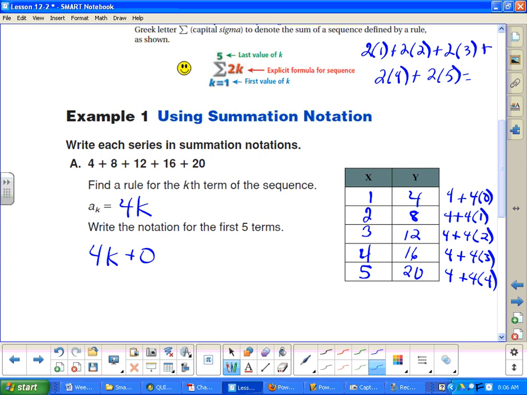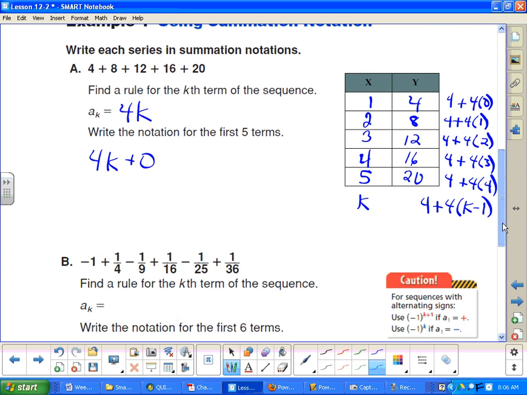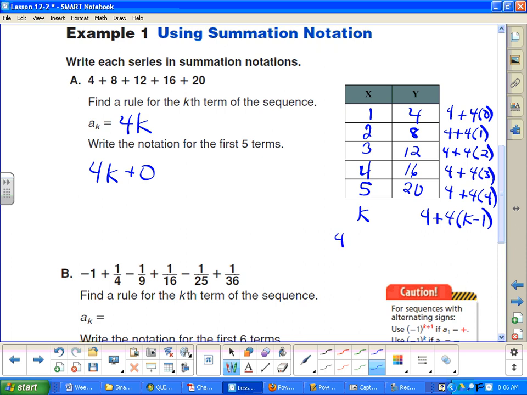So our value here would be 4 plus 4 times k minus 1. Because these numbers over here, 0, 1, 2, 3, and 4, are 1 less than the value of k, or the value of n we were using yesterday. So if we simplify that, it would just equal 4k.